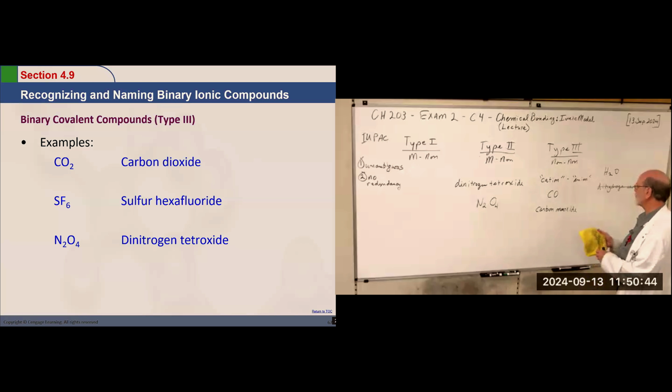Okay, type 1, 2, 3. So if you're presented with a problem where you have to name a compound, you look to see, is it non-metal or metal? If it's non-metal, you automatically go to type 3 to name it. If it's got a metal in there, you say, all right, which one is it, type 1 or 2?